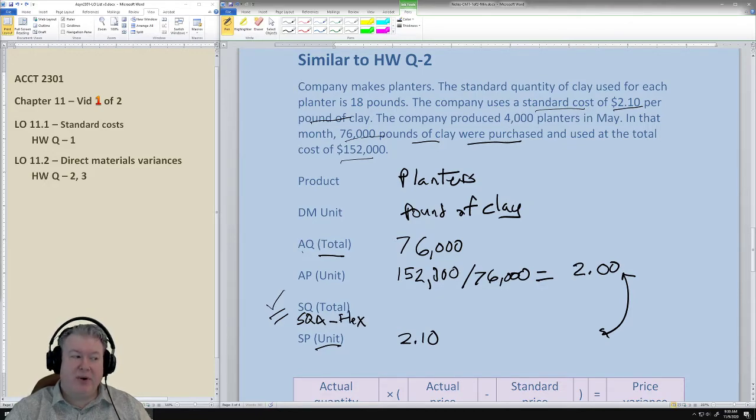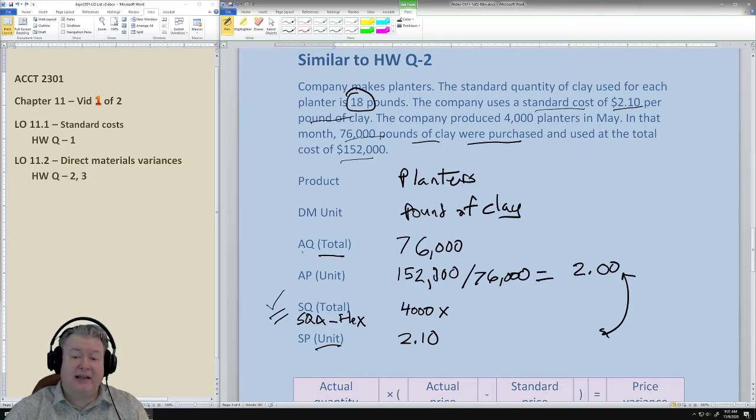So if the company produced 4,000 planters, and we want to know what would the budget be for pounds of clay? Well, remember the flexible budget is moving the master budget up to the same volume of actual. So if I had budgeted 4,000 planters, and I know that my standard budget is for each planter, I plan on using 18 pounds of clay.